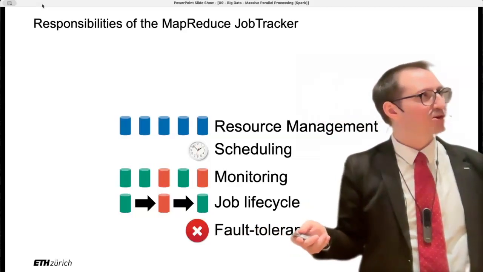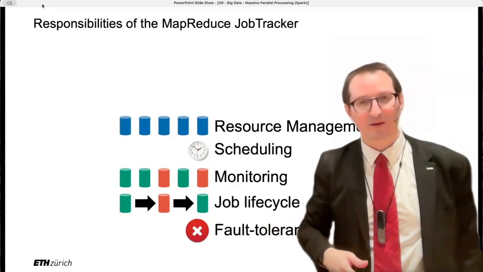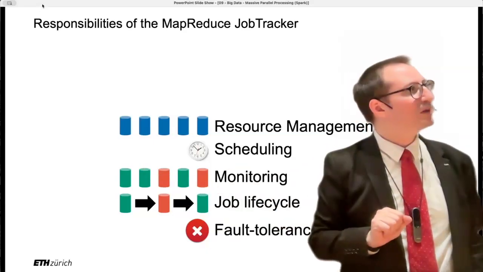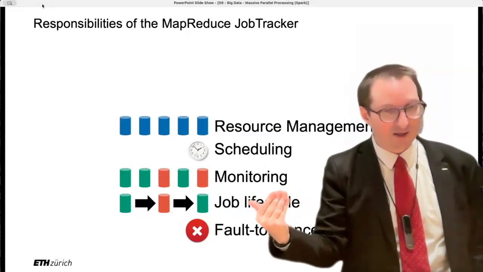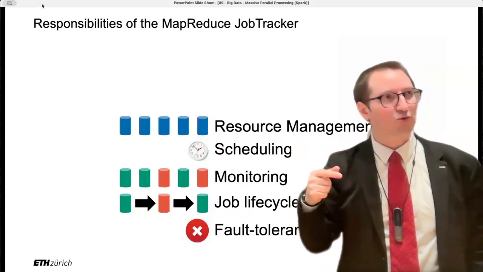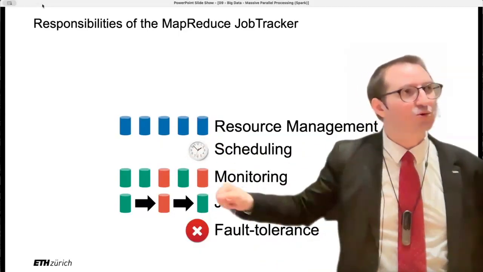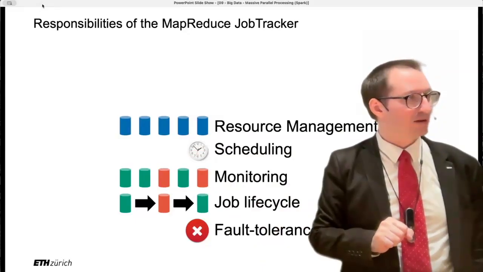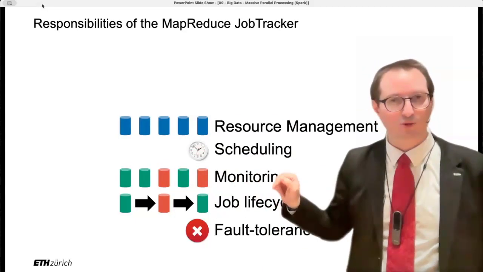When a slot asks for a task, it points it to the next task. It needs to monitor, because if a map slot fails and crashes, then the job tracker needs to contact another machine and say, okay, this failed, so now you need to take over that map task. So you throw away the crashed one, and then another machine is going to execute it.